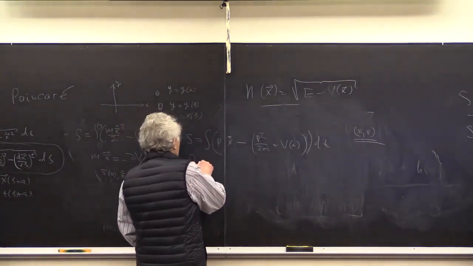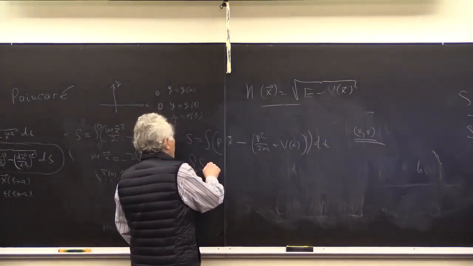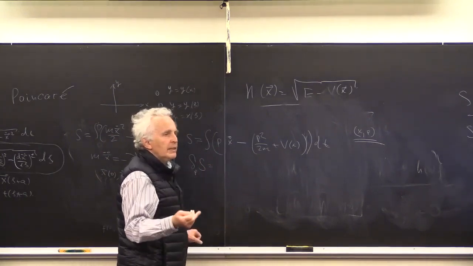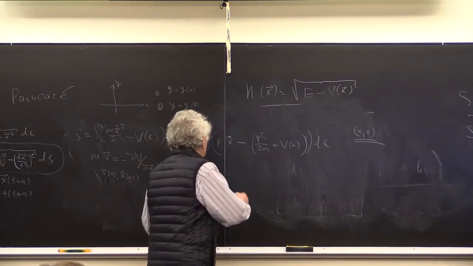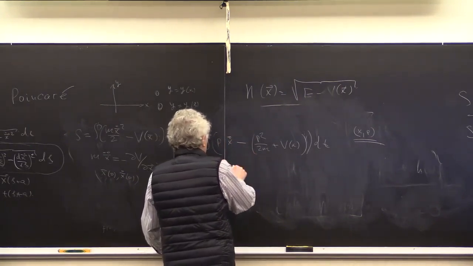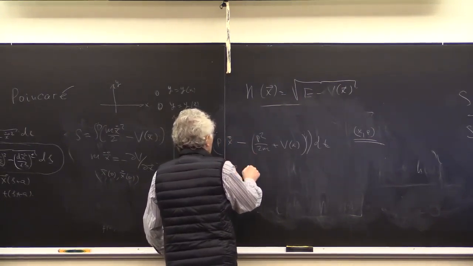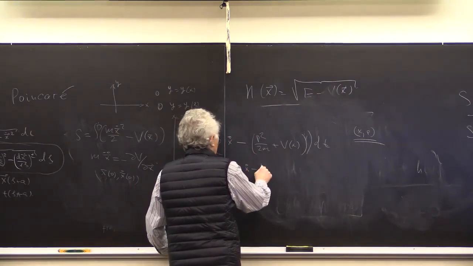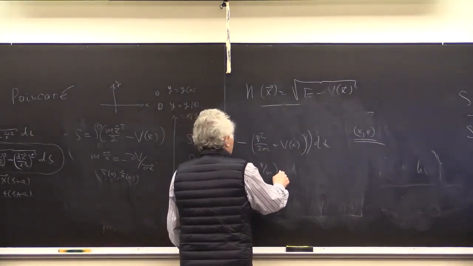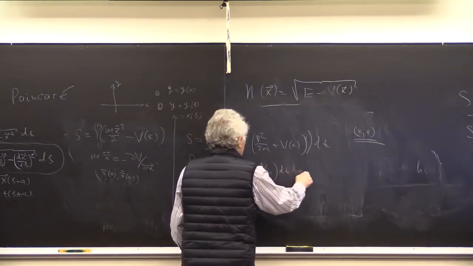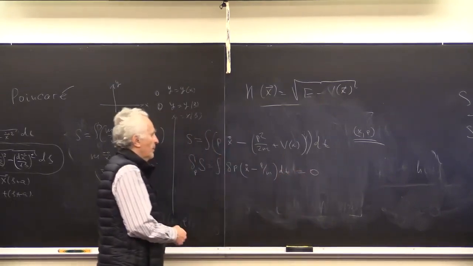So the p variation of S. Once again, we don't touch x at this point. We take delta p times (x dot minus p divided by m) dt, and this should be 0.